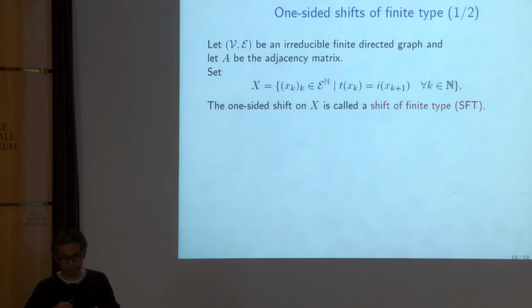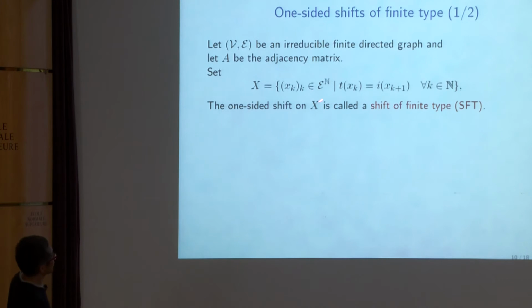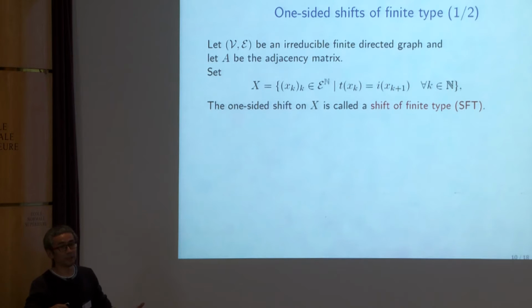So I'm considering the infinite paths of this graph, and this is the Cantor set. And let's consider the one-sided shift on X. This is not a homeomorphism, so it's not the action of the integers.